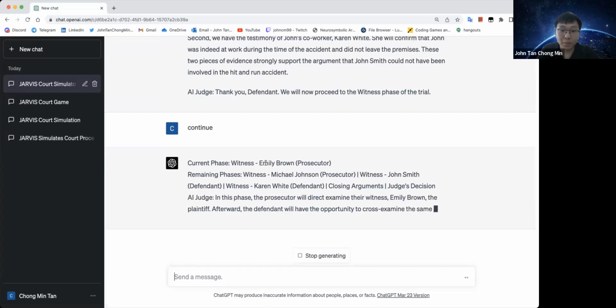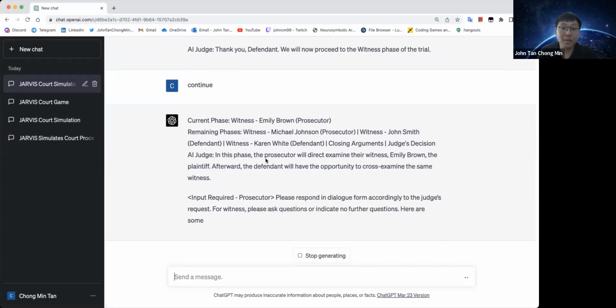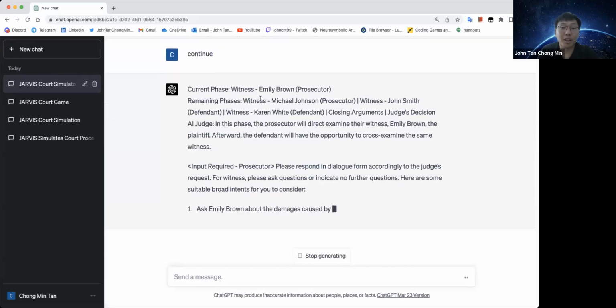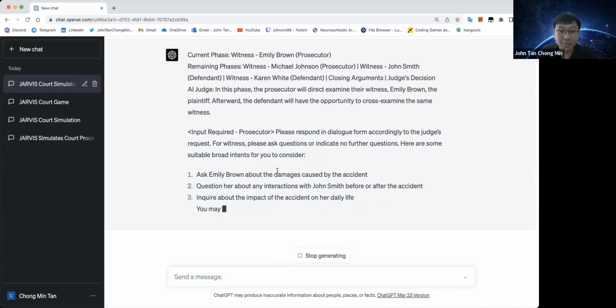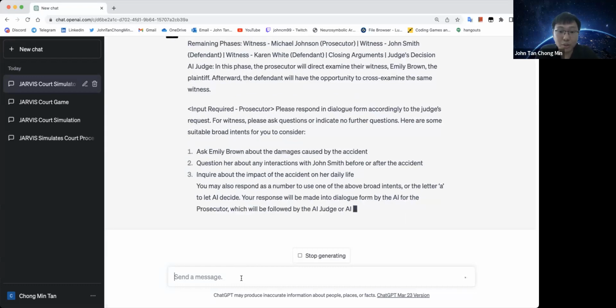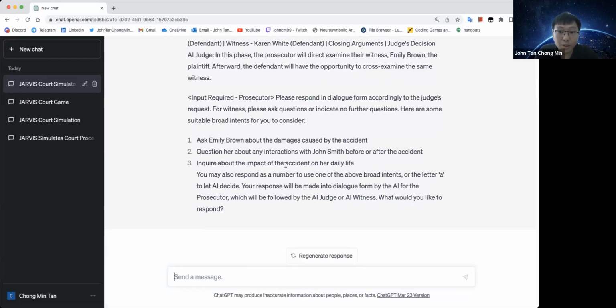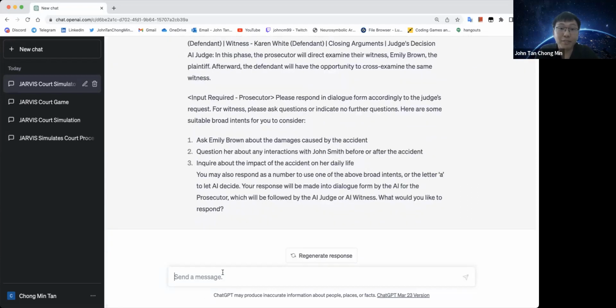We're interviewing Emily Brown, who is the person who got the car damage. The prosecutor can ask first, before the defendant's side cross-examines. I don't have many responses to do, and I don't really want to question Emily Brown because we are trying to fight for her.